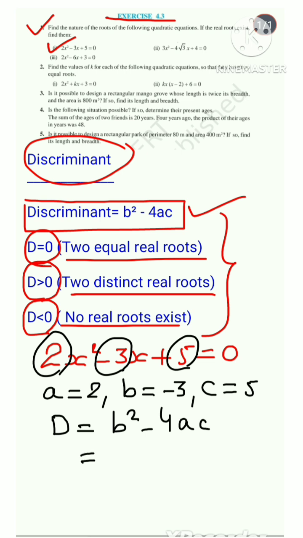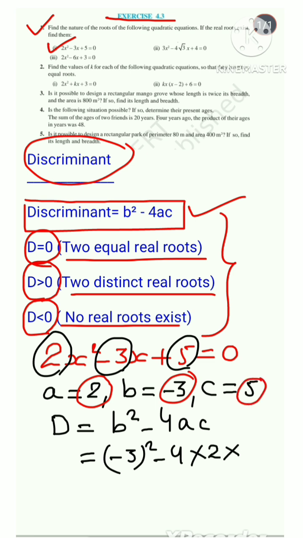Now b equal to minus 3, so minus 3 square minus 4 into a equal to 2 into c equal to 5.